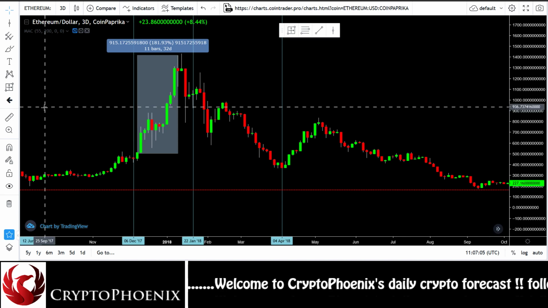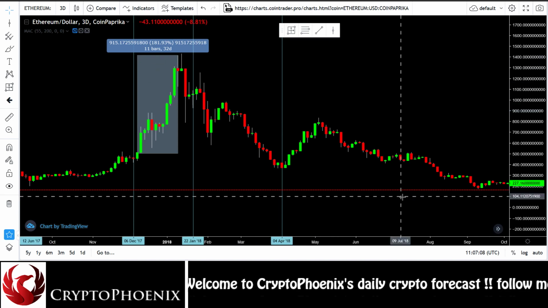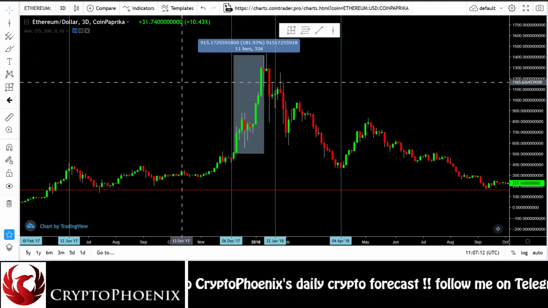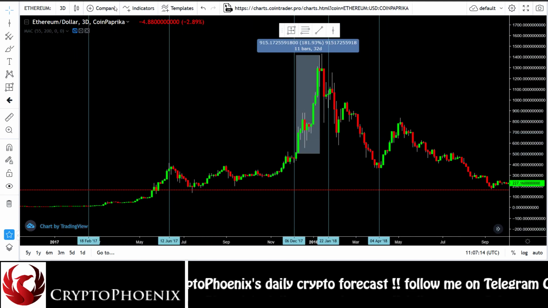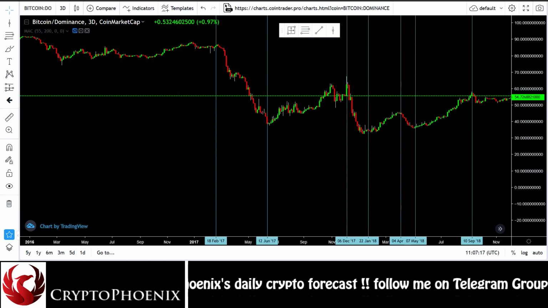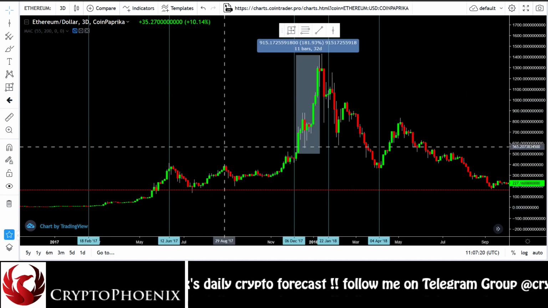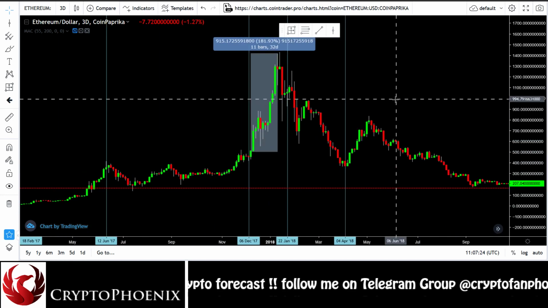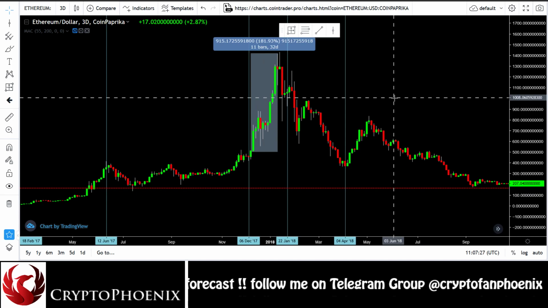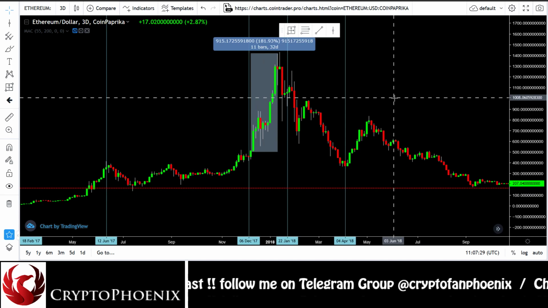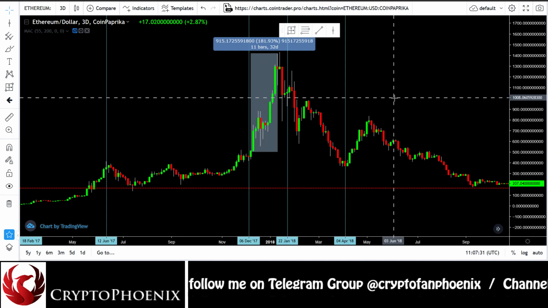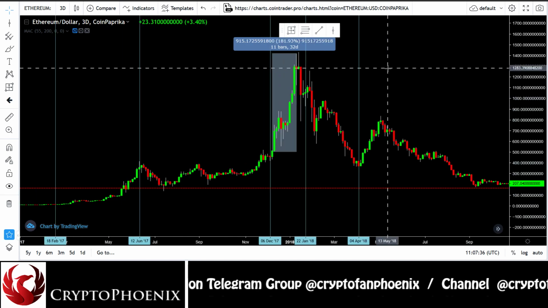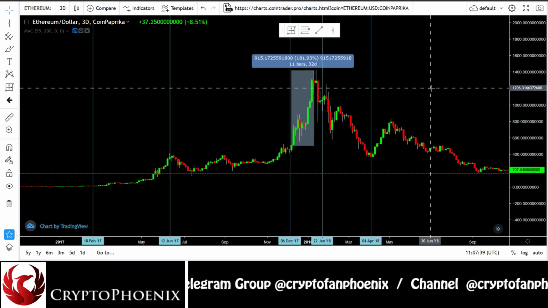If the dominance is increasing, the price keeps on decreasing. If the dominance keeps on decreasing, the price keeps on increasing. This part was sideways, because the strategy does not work 100% of the time. Sorry to say this, there is some sort of drawback to the strategies.